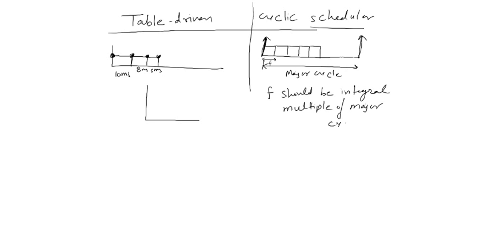So what is the disadvantage in this case? Suppose one task is coming here and its deadline is after another frame. Within this frame you cannot execute this task, because the deadline will be missed.